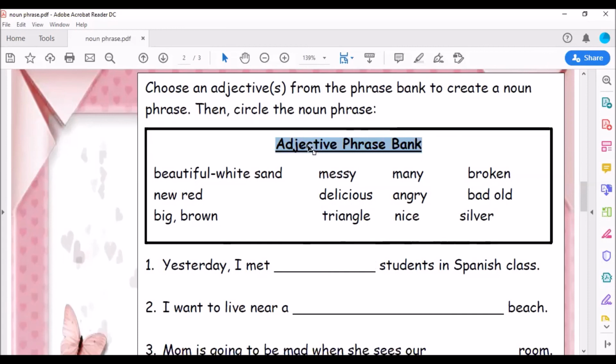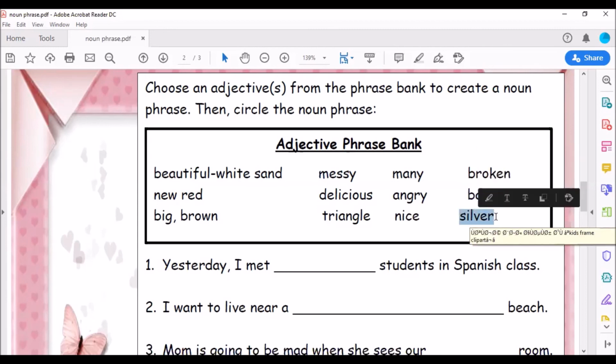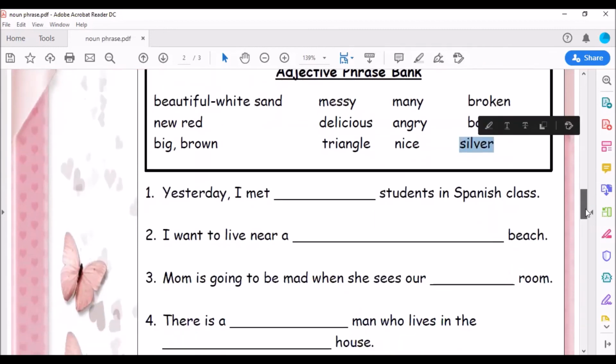Okay, let's read adjectives first. Beautiful, white, sand, new, red, big, brown, messy, delicious, triangle, many, angry, nice, broken, bad, old, and silver. Okay, let's go here.